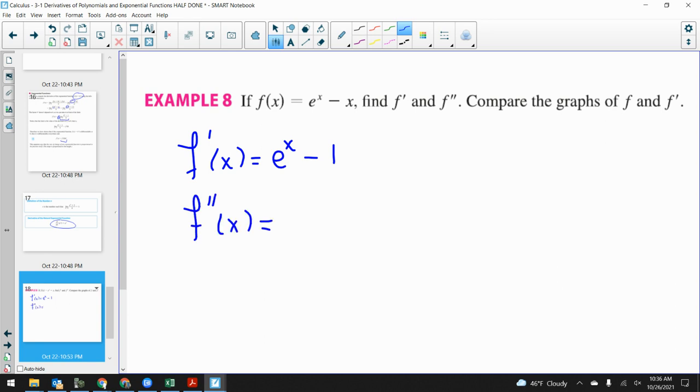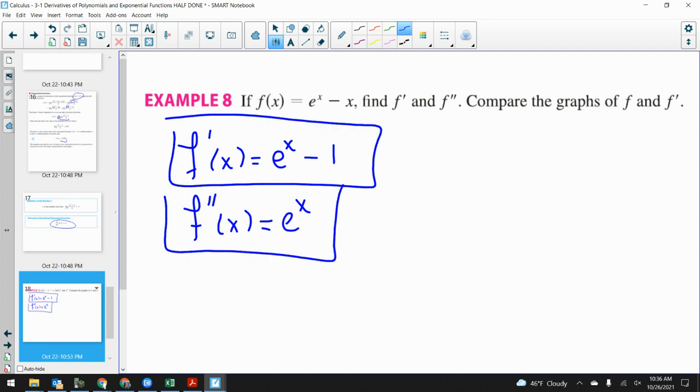Okay, what's the derivative of e to the x? E to the x. What's the derivative of the minus 1? It goes bye-bye, right? It goes to 0. So here's f prime of x. Here's f double prime of x. What's f triple prime of x? What's f quadruple prime? E to the x, and that can go on forever. Okay, the derivative of e to the x is always going to be e to the x itself.